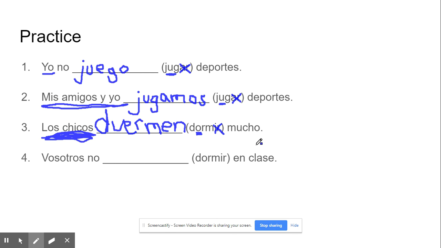And then last is number 4. Number 4, we're in vosotros form. And in vosotros form, there's never stem changes. So I'm just going to take my stem, D-O-R-M, and I'm not going to make any changes because there's never changes in vosotros form.